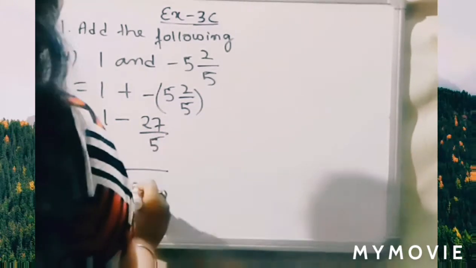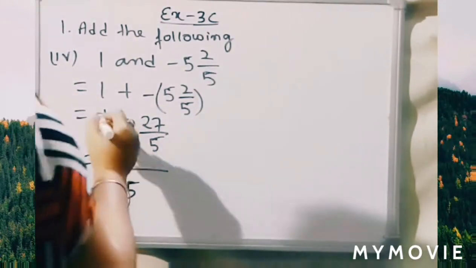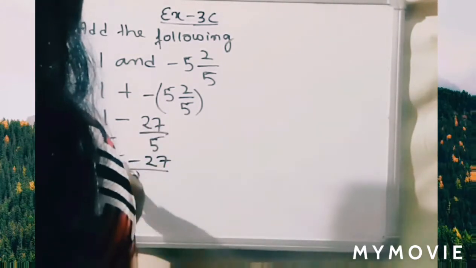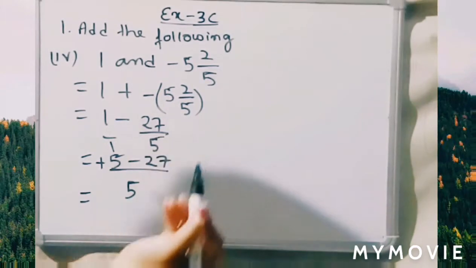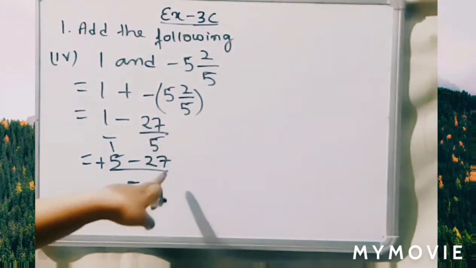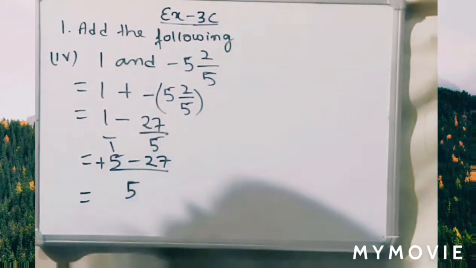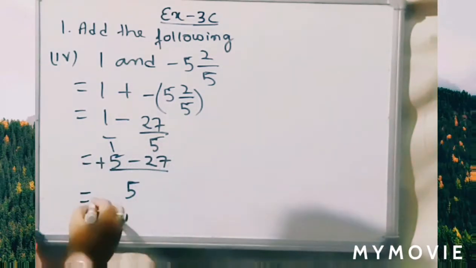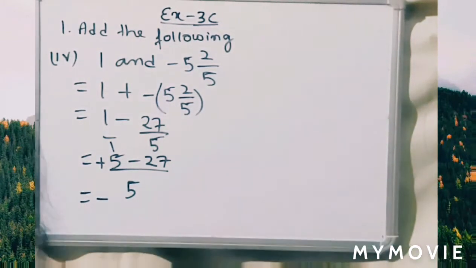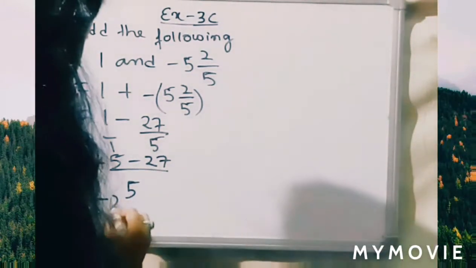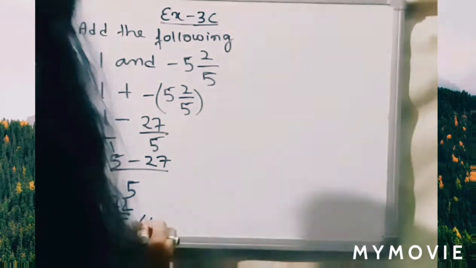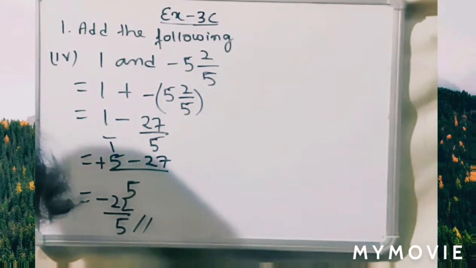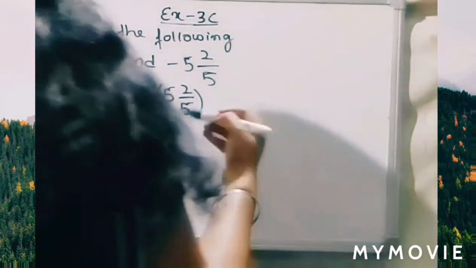Now the LCM will be 5. 5 1s are 5. 5 minus 27 is what? Plus minus is minus. The sign should be of the greater number. Here 27 is greater than 5, so the greater number has what sign? Negative sign. So your sign will be negative. 27 minus 5 is 22. 22 by 5 is your answer. And the rest of the questions 3, 5, 6, 7, 8 are your homework.